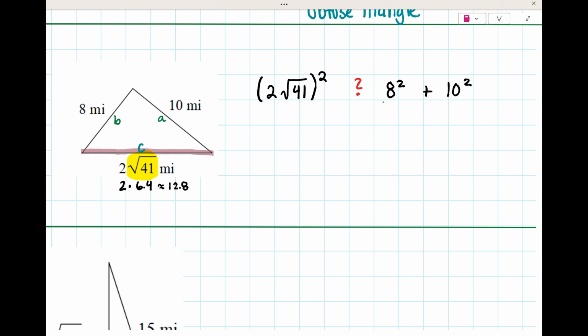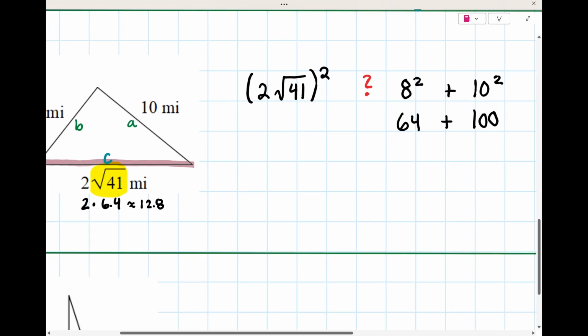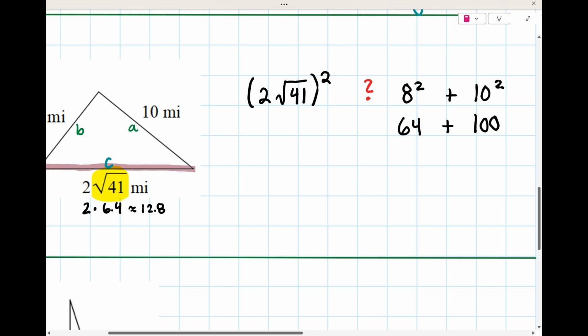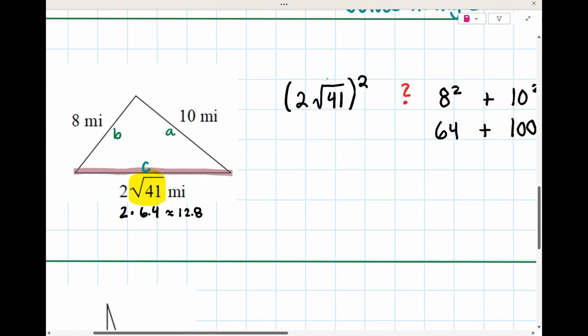Squaring 8 gives us that. Squaring 10 gives us that. And if I square 2 radical 41, I'm going to show the work on the side. If I square the outside of the radical, that's just 2 squared, which gives us 4.